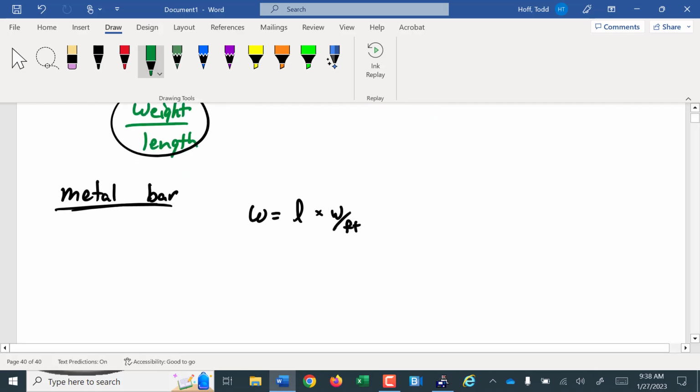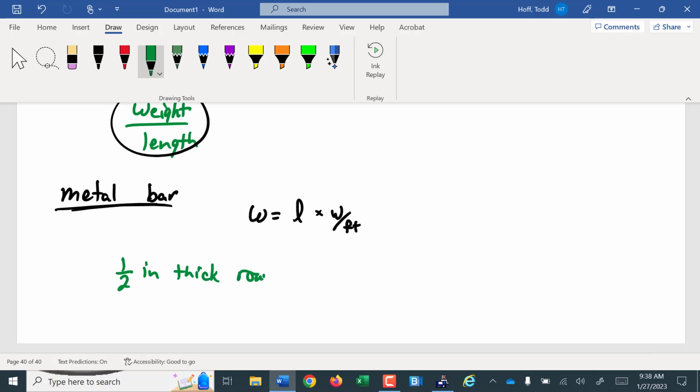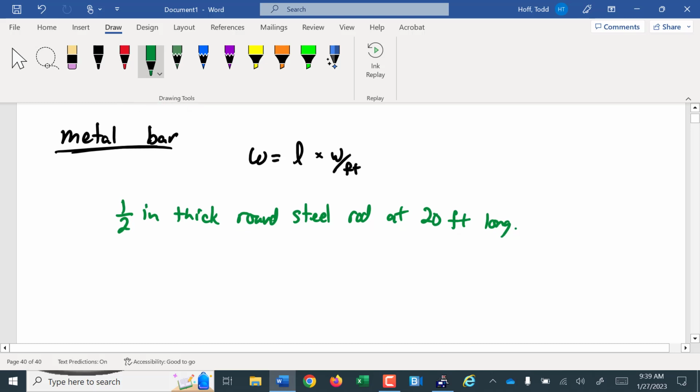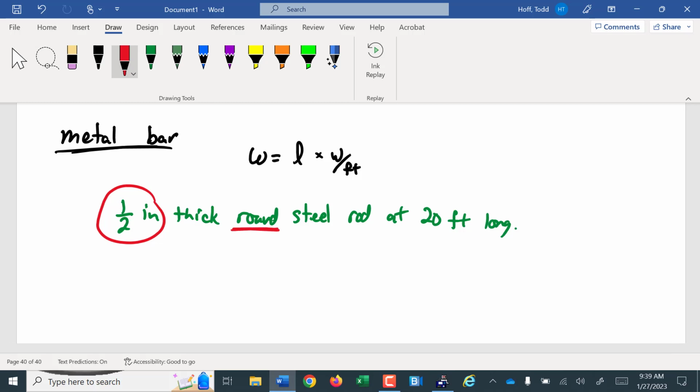So for example, let's say we have a 1/2 inch thick round steel rod at 20 feet long. So first we have to look up in the table. There's two things we need, 1/2 inch and round. So we've got round steel, go down to 1/2 inch on the side.